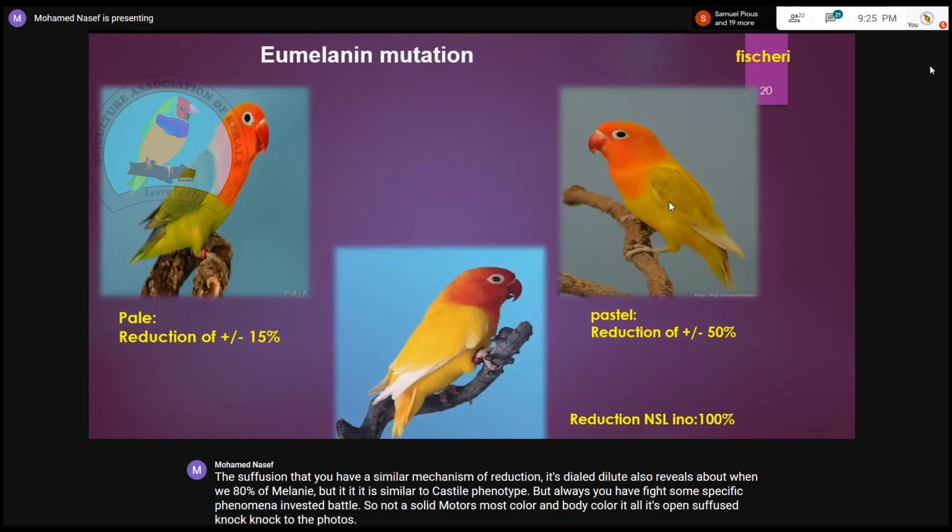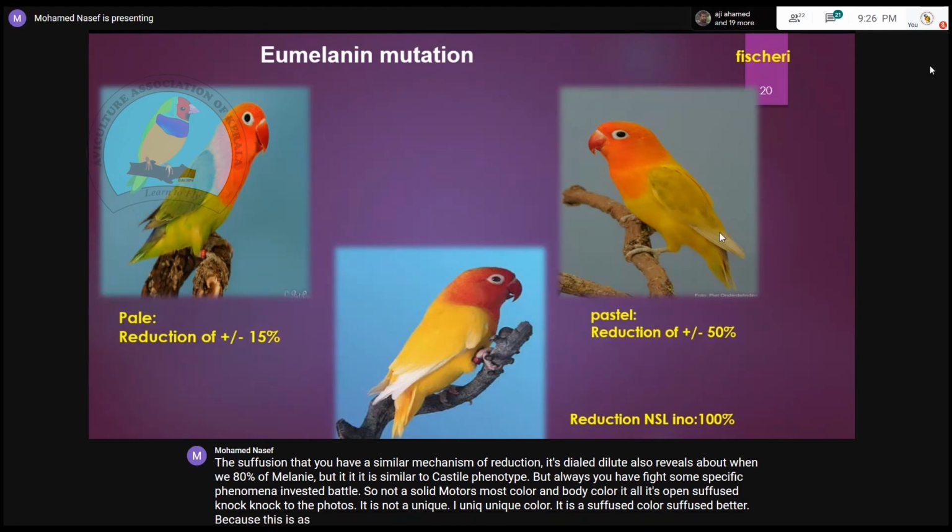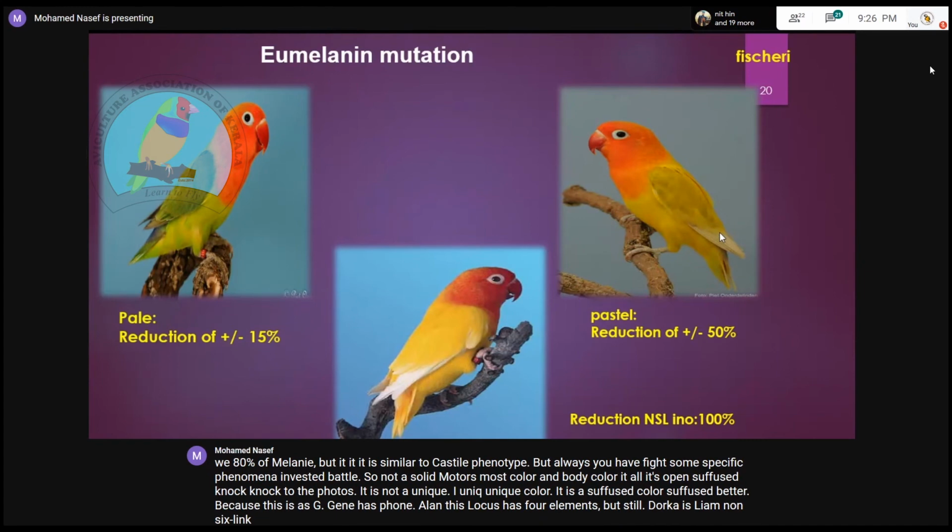It is not a unicolor. It is a suffused color, suffused pattern. Because this locus has 4 alleles: pastel, dark eye clear, non-sex-linked Ino, and theoretically the bronze fallow.